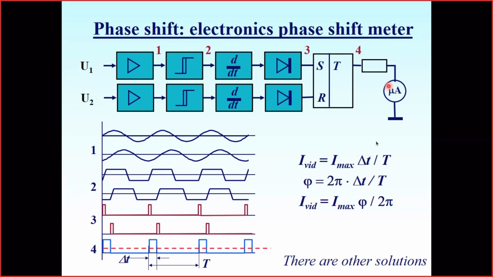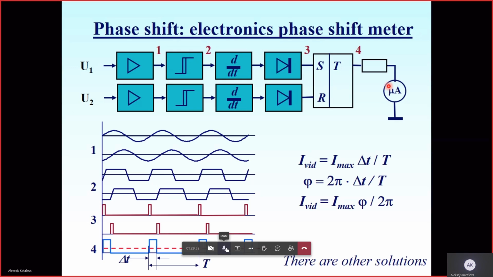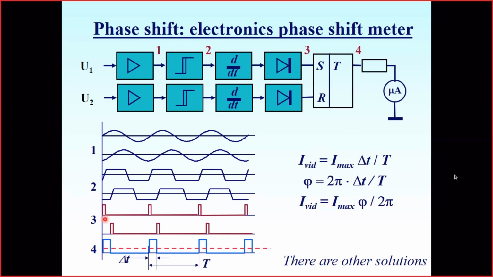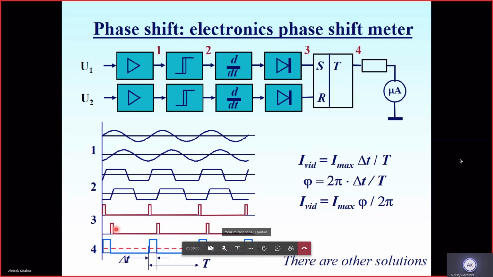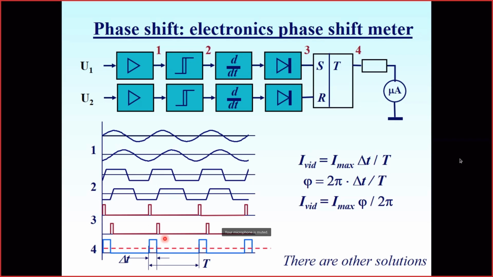What do you think? What happens? No, it drops back to zero. So let's imagine that this distance actually grows, the time between two pulses grows. The maximum to which it can grow is until this pulse reaches the next pulse.